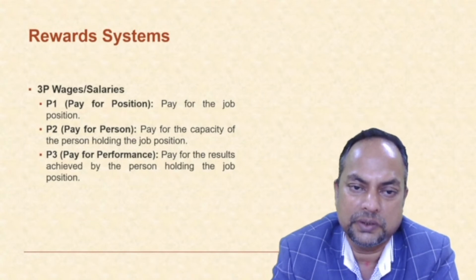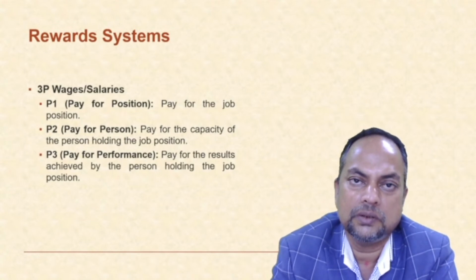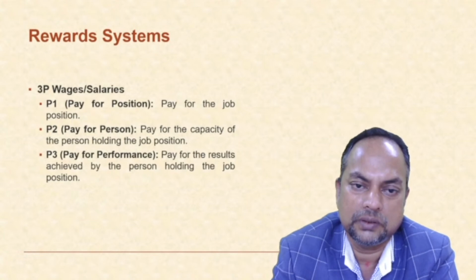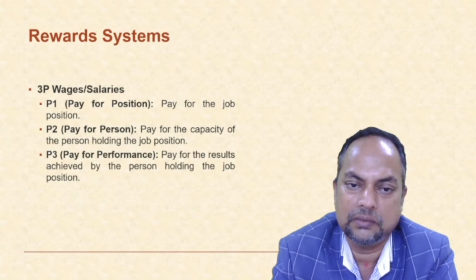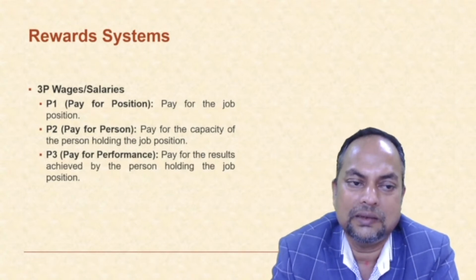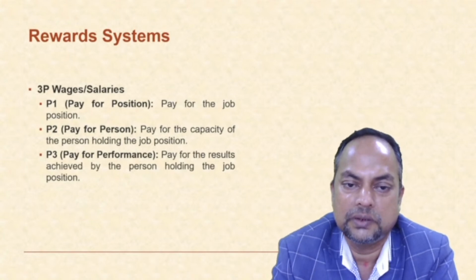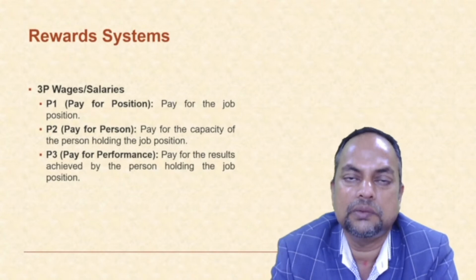P2 says pay per person. This is what the worker is paid for his efficiency, skill, knowledge, and abilities, the capacity of the individual person doing the job. And P3 is pay for performance, which is completely based on the outcome of the individual employee.